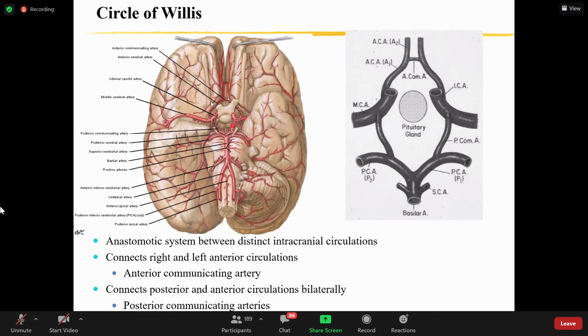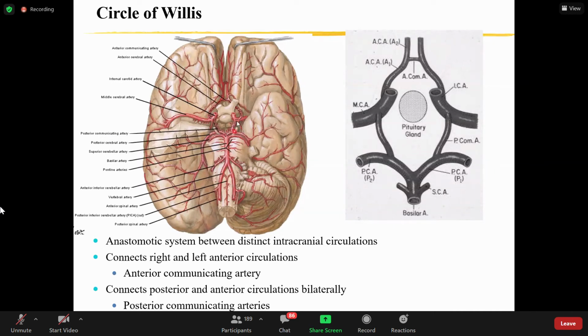Now, all the four arteries, the two internal carotid, the two vertebral with the basilar at the base of the brain, they form the circle of Willis. And the idea is basically to connect the posterior circulation with the anterior circulation and the right circulation with the left circulation.